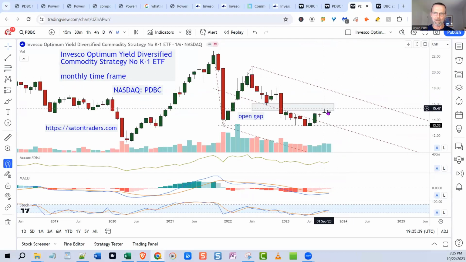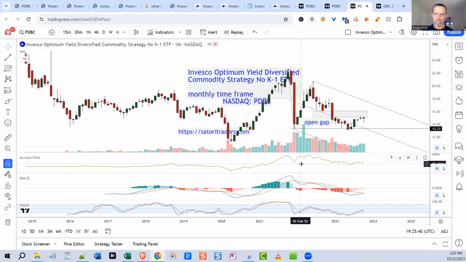This is the same vehicle in monthly time frame, pushing up into that open gap region as resistance. Accumulation distribution looks like investors divested themselves back in mid 21, and we haven't gotten back to that level yet.